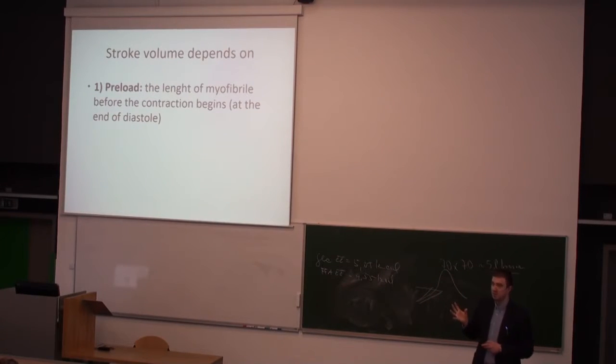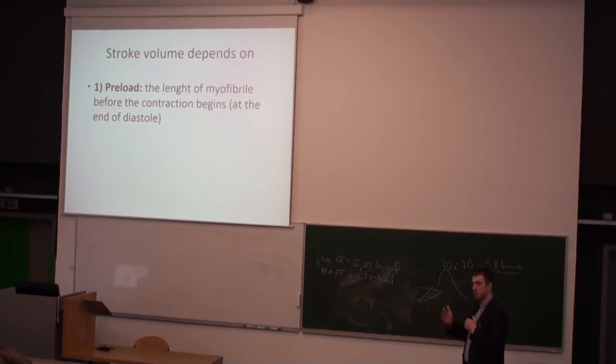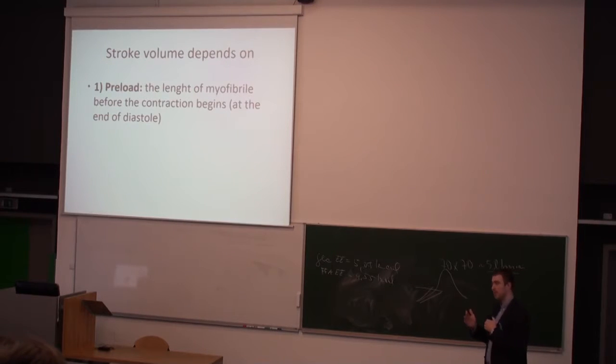So why can we use this definition? If you have skeletal muscle, you know that the sarcomere in the skeletal muscle has some ideal length. That means that at some ideal length of the muscle, you have the best interaction between actin and myosin.